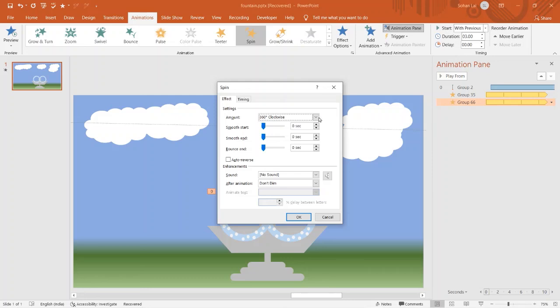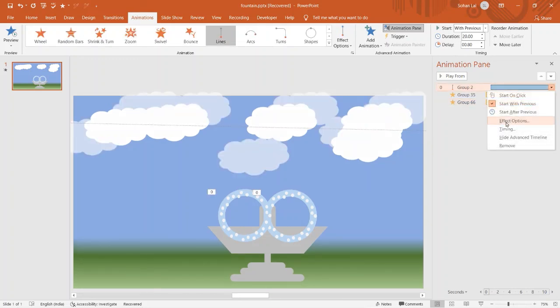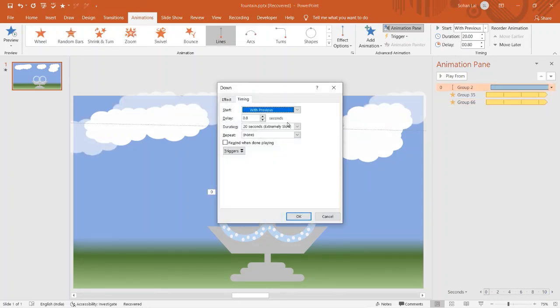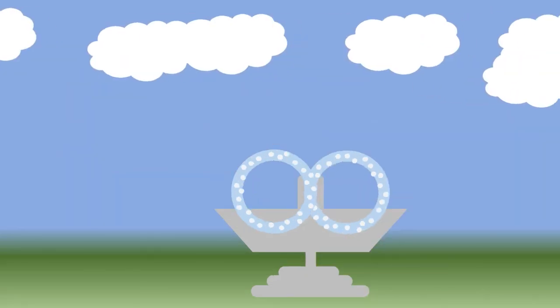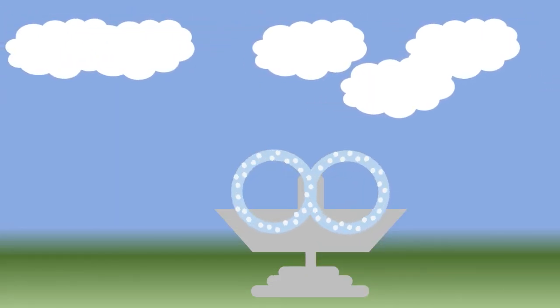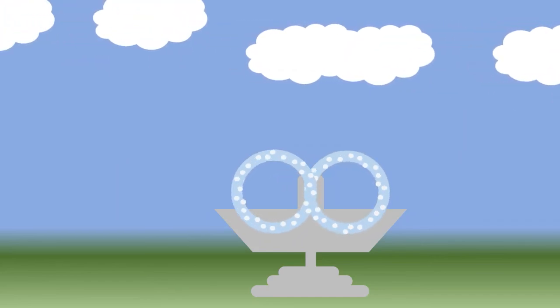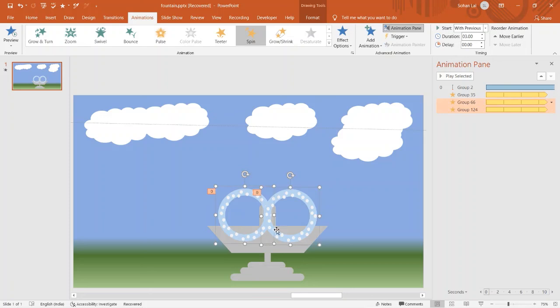So go to effect options and give a counterclockwise and say okay. And to the clouds animation, you have to go to timing and say no delay and say okay. Now see, the animation starts automatically.